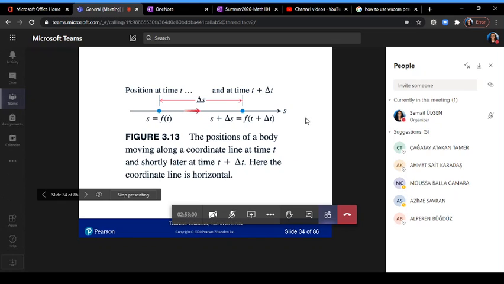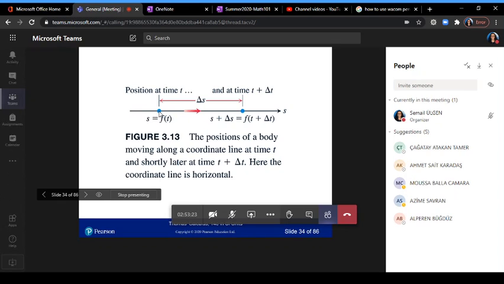Let's say there is a body that's moving along a coordinate line. Let's say this function f is with respect to the time t, so as t changes, the position of the object is changing. So s shows the position of the body.